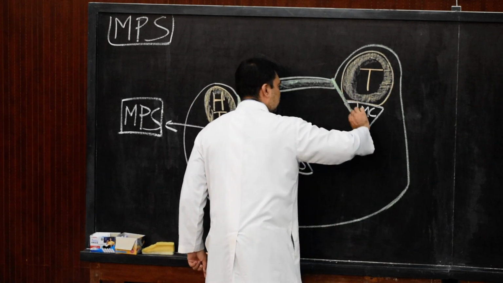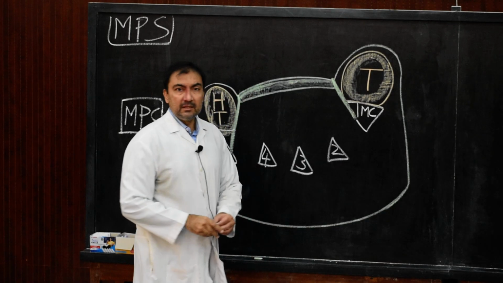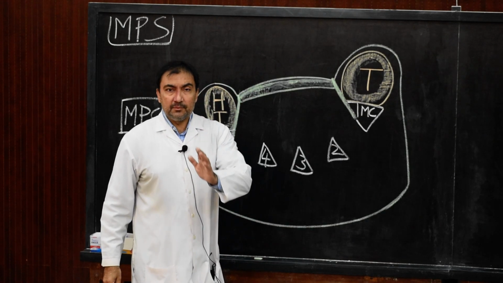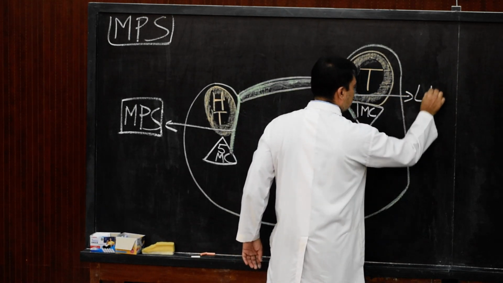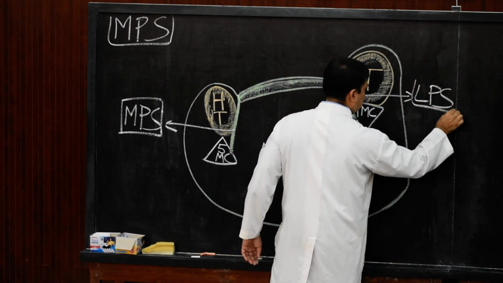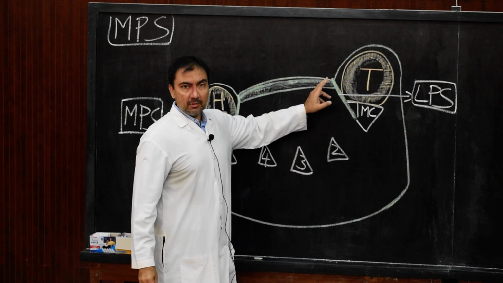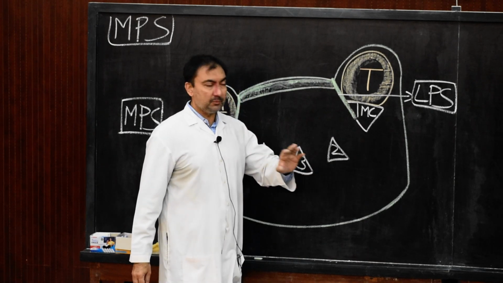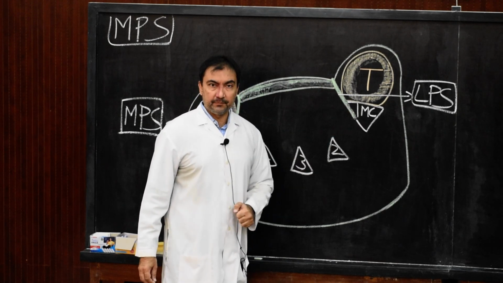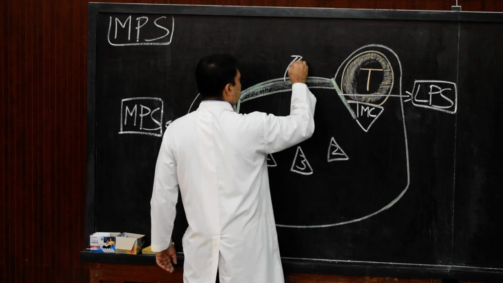As it passes towards the first metacarpal bone, it forms the lateral palmar septum. So here we will name this the lateral palmar septum. This lateral palmar septum runs from the lateral or radial border of the palmar aponeurosis towards the palmar surface of the first metacarpal bone.